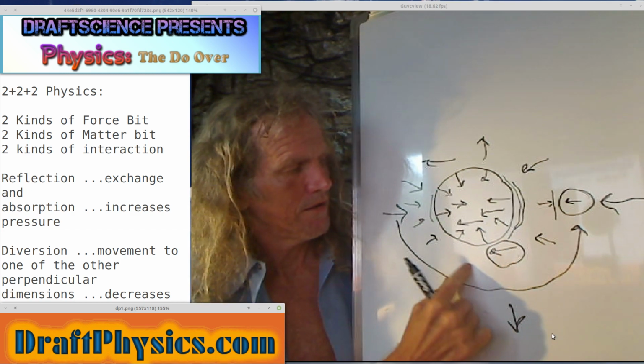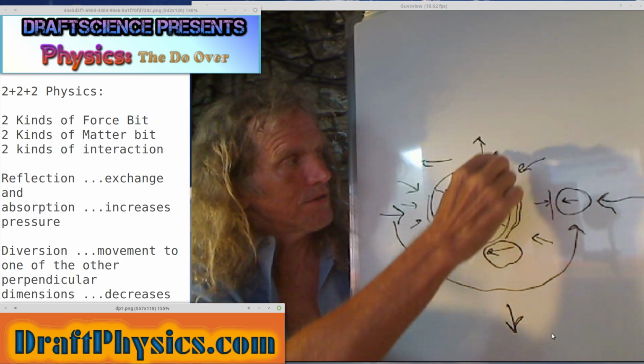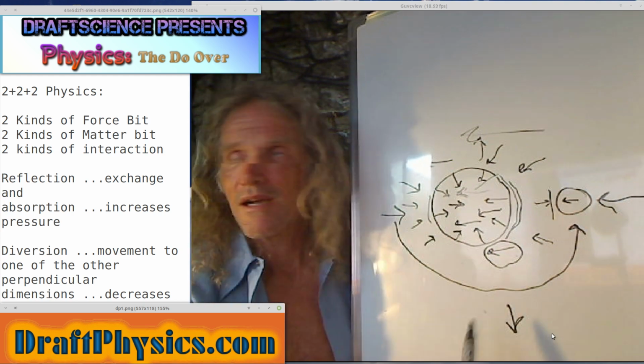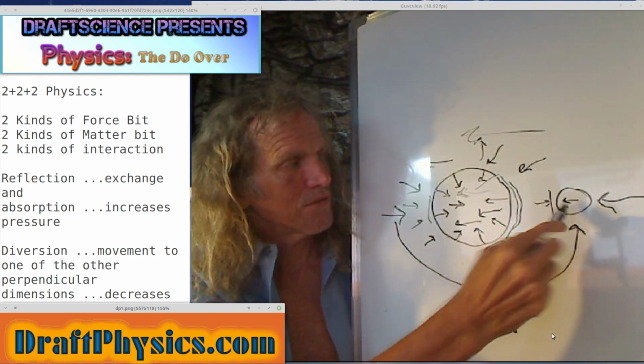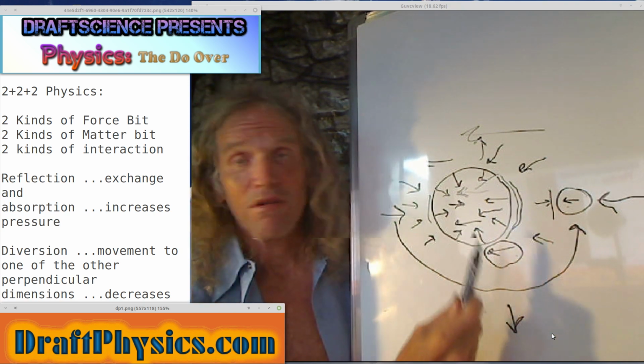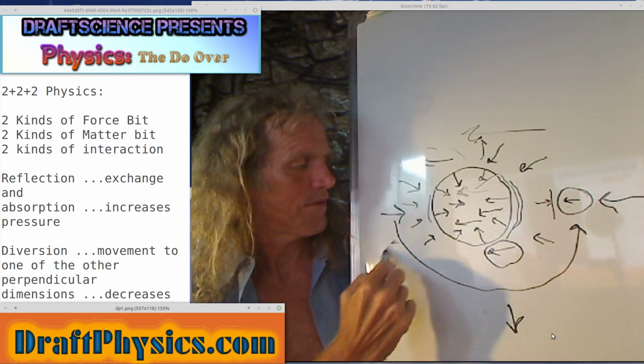So all of the absorptions that have a component in this direction, this object won't feel any of that. And anything released in that direction will likewise not be felt.